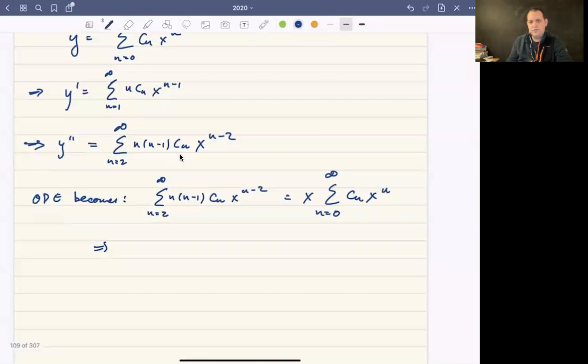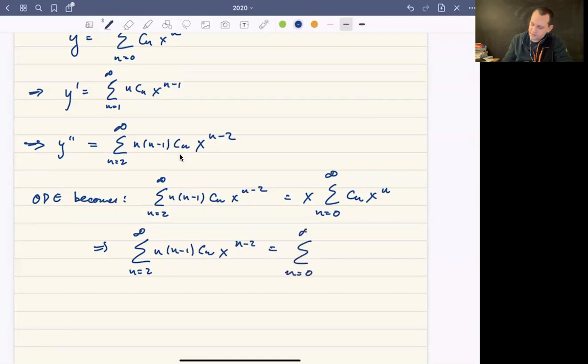We're going to have to put the x in the sum on the right, so we'll push that inside the sum. So on the left, the sum from n equals 2 to infinity of n times n minus 1 c sub n x to the n minus 2. On the right, the sum from n equals 0 to infinity of c sub n x to the n plus 1. Notice again that we have a discrepancy.